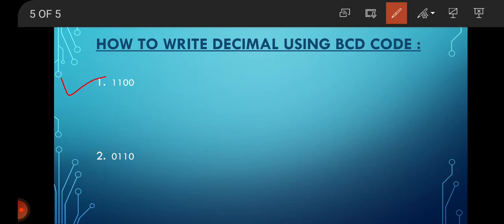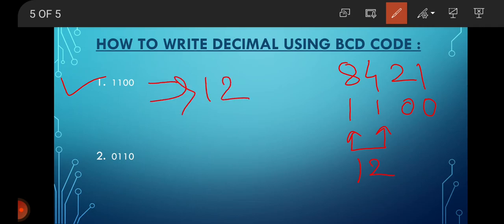Then this is 1100, therefore add these two, 8 and 4, that means 12, therefore this is 12.